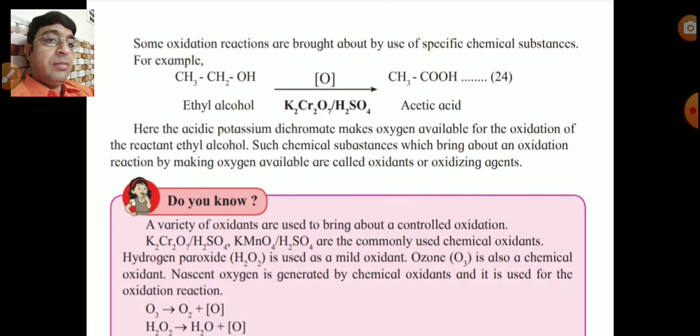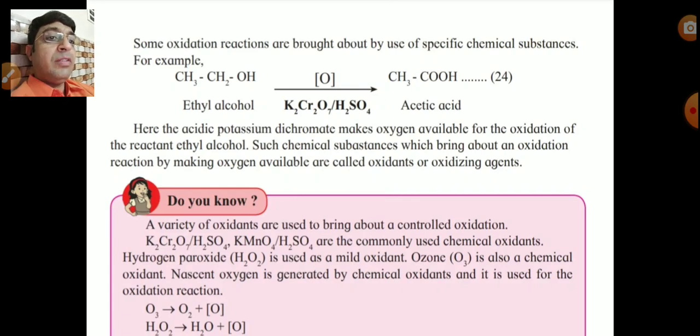One more condition, K2Cr2O7, potassium dichromate, with H2SO4, that is sulfuric acid, so an acidic condition is used in this reaction. Then what happened? Ethyl alcohol is converted into acetic acid.